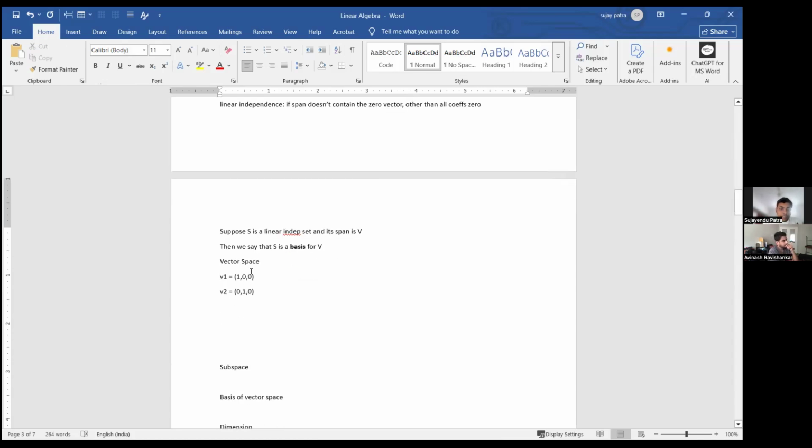Now, if you take all the linear combinations of these two things, you will always have the third coordinate 0 because the third coordinates of both are 0. So then V will be all (C1, C2, 0), this collection. This makes sense? C1 V1 plus C2 V2, that's it.